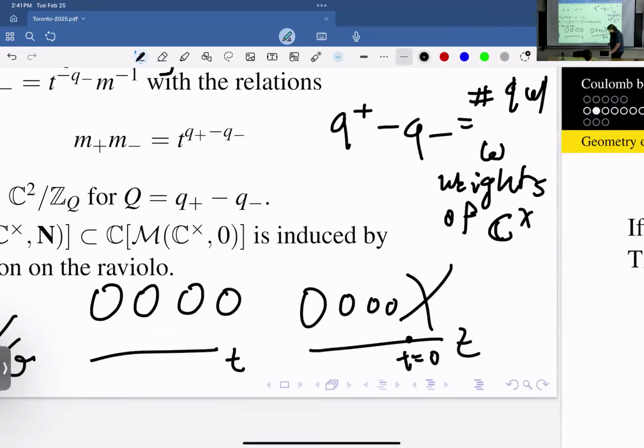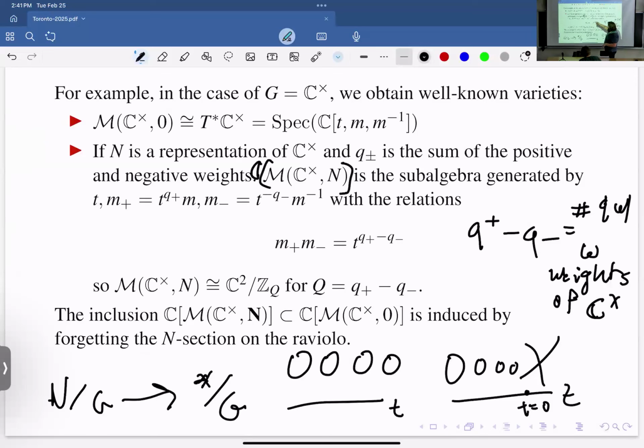If I wanted to think about what this subring was, one way to say what it is: it's the stuff that doesn't have a pole on either of these components. That's how I end up having to multiply by these powers of t. That's the power of t I need to consider to get rid of the poles. Okay.